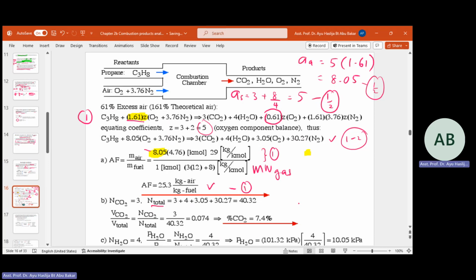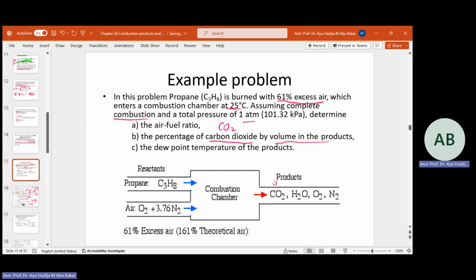The question asks for the Y CO2. Okay, so Y CO2, we know that equivalent to N CO2 and N total. N total tadi, it doesn't mention whether wet or dry.